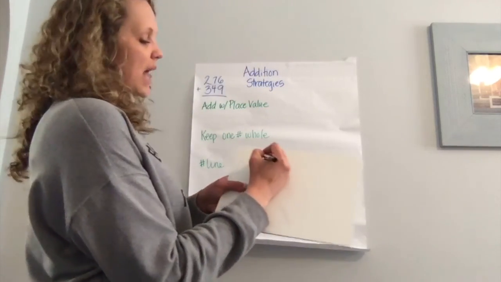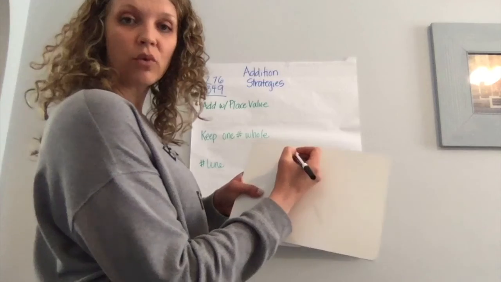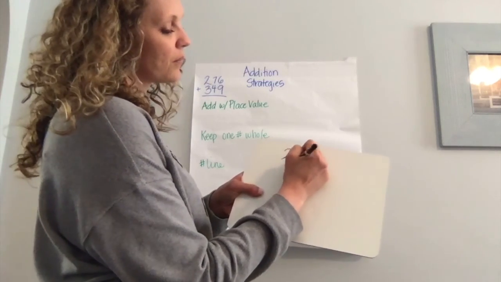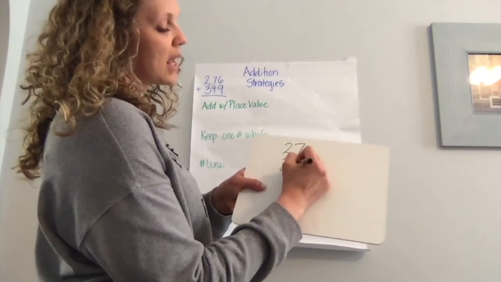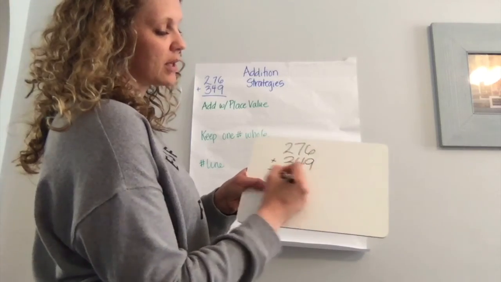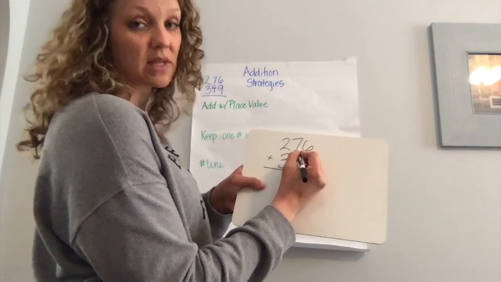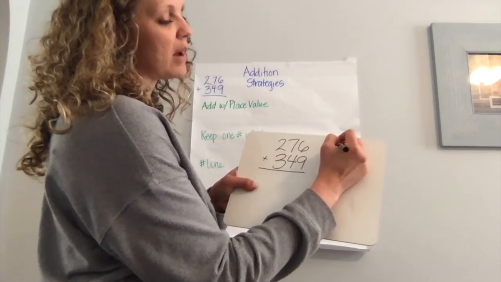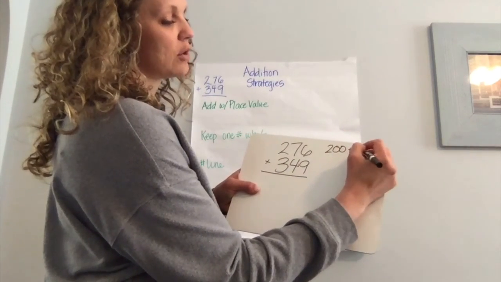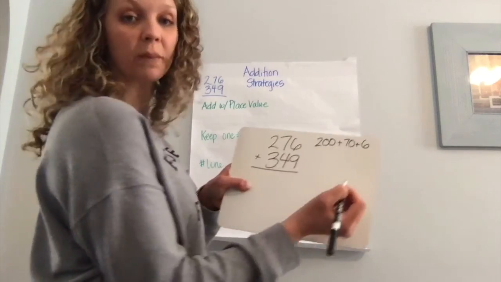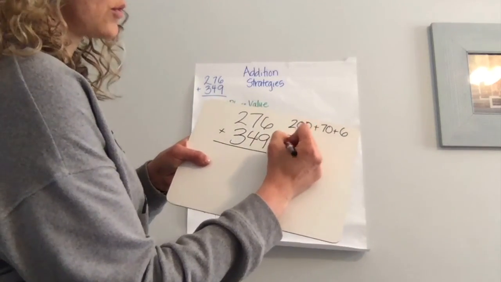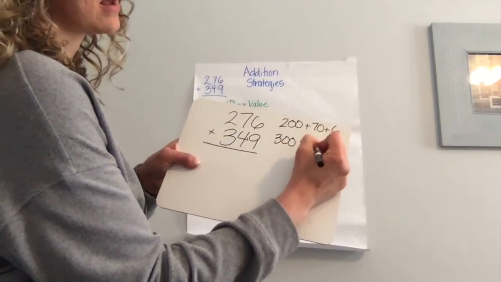All right, so to add 276 plus 349 using place value, it's thinking about each part of these numbers, right? So this is a 200 plus a 70 plus a 6. So it would be thinking about it basically in its expanded form, okay? And 300 plus 40 plus 9.